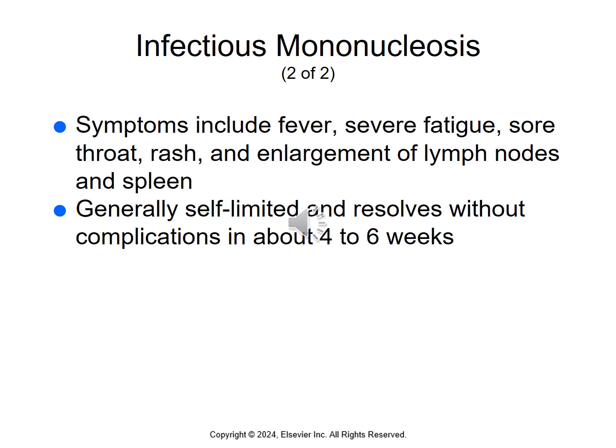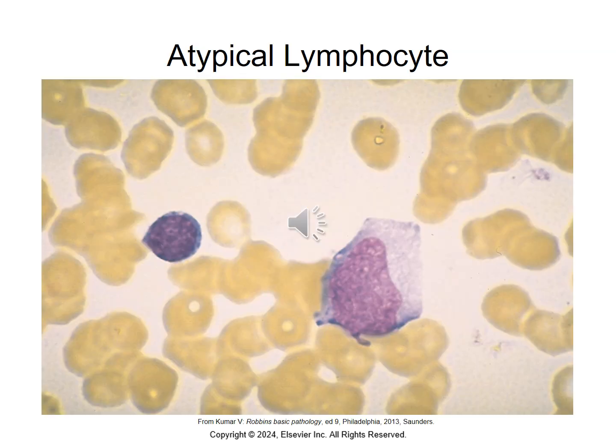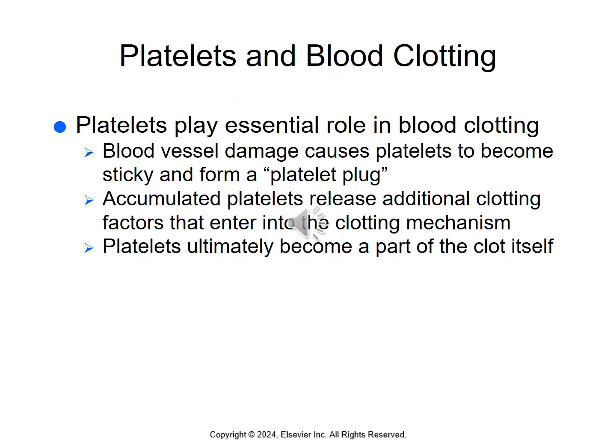Infectious mononucleosis signs and symptoms include fever, fatigue, a sore throat, rash, enlargement of lymph nodes and spleen, generally self-limiting and resolves without complications in about 4 to 6 weeks. Atypical lymphocytes. This is a picture of it.